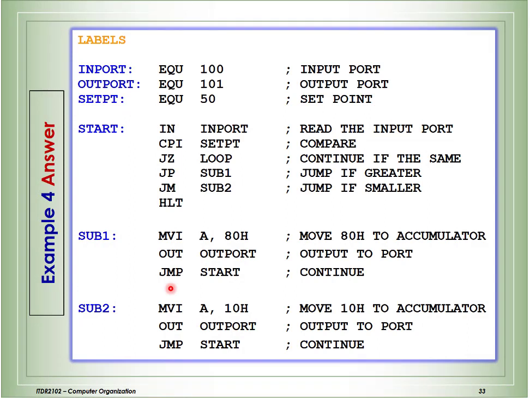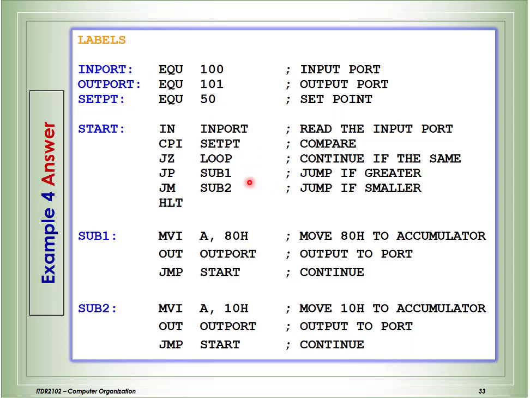Now here you can see these are the labels, user defined names: input port, output port, set point, start, sub1 and sub2. Here we use the equate directive, as I told you, to assign these values to input port, output port and set point.